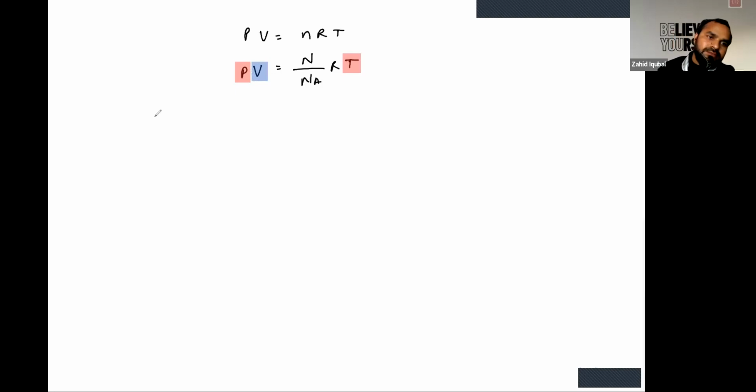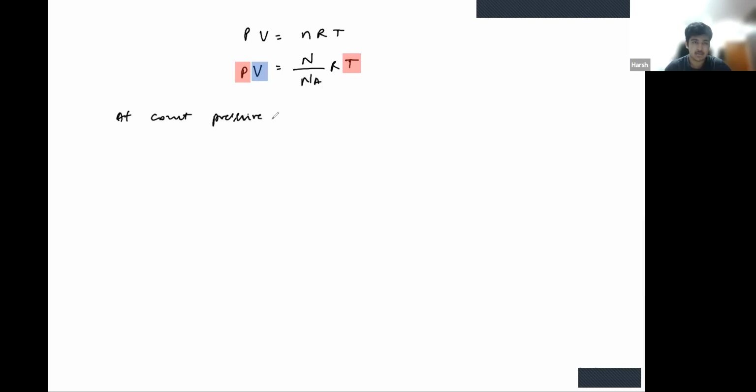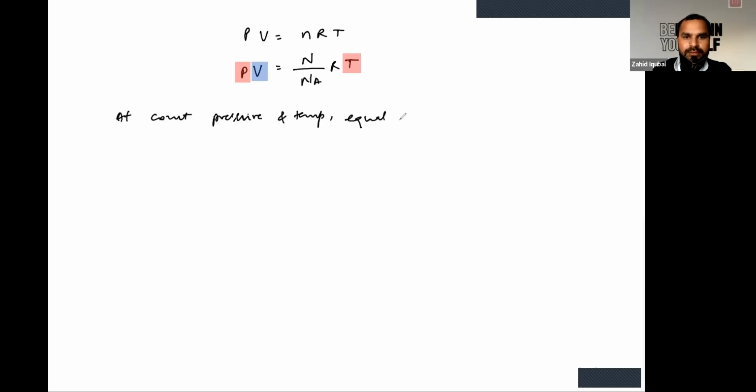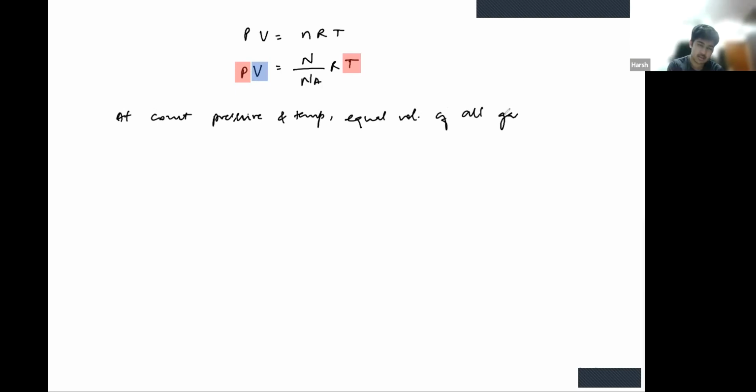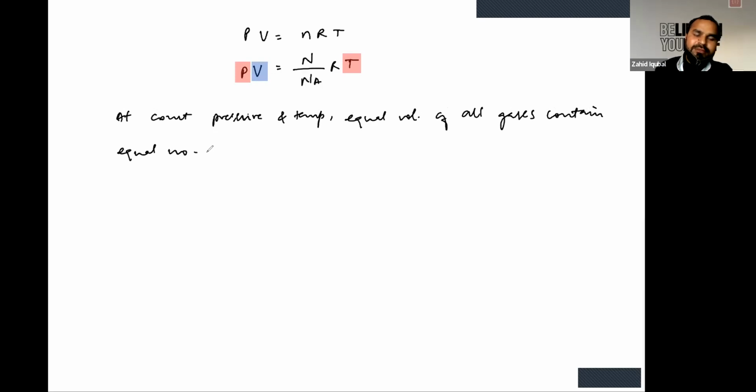It states that at constant pressure and temperature, equal volumes of all gases contain equal number of particles, molecules, or atoms.